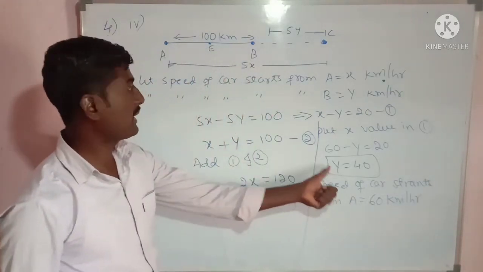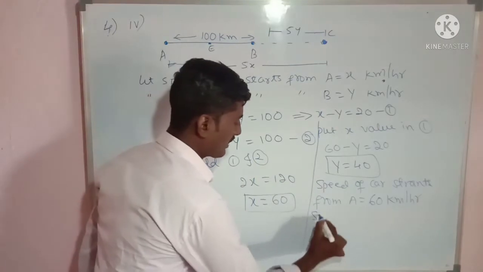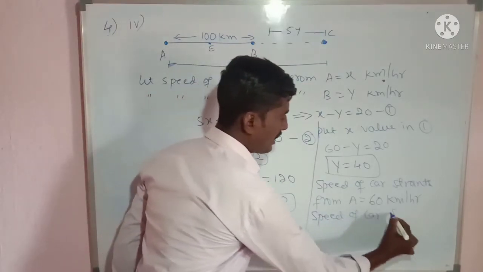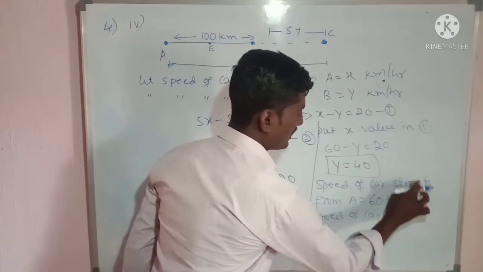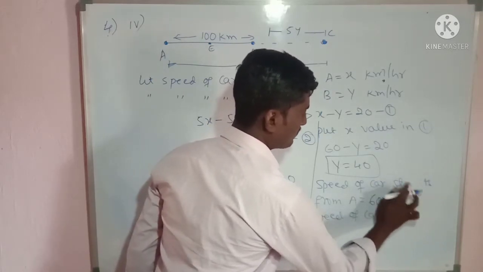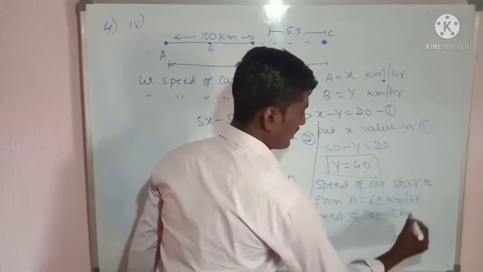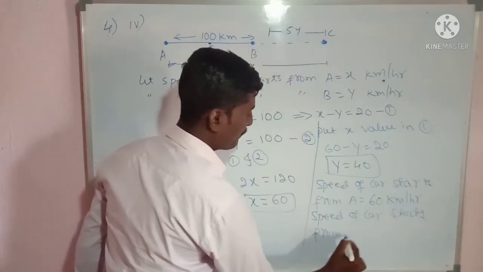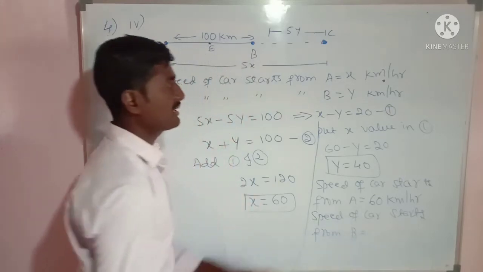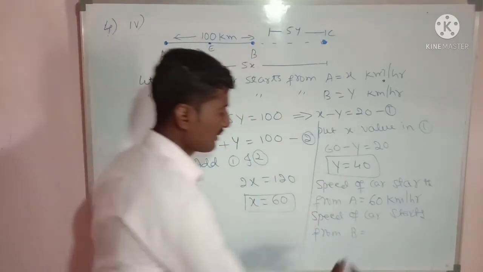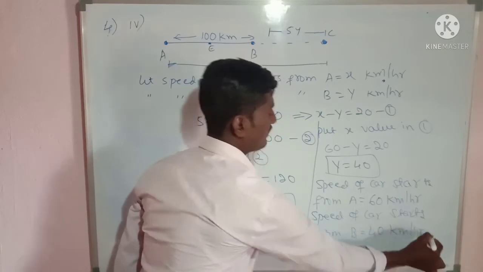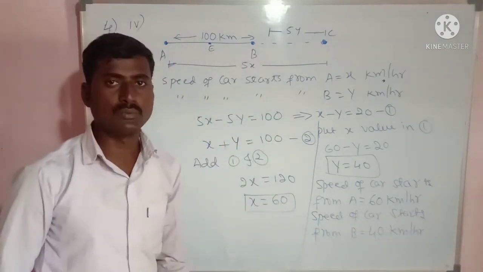Similarly, for y, speed of car starts from B. That I have taken as Y. Y is how much here? 40. So that is 40 kilometer per hour. Okay. This is how we can solve it.